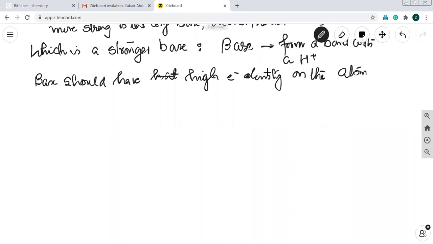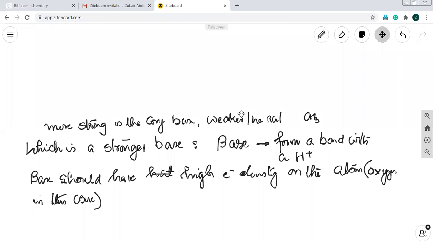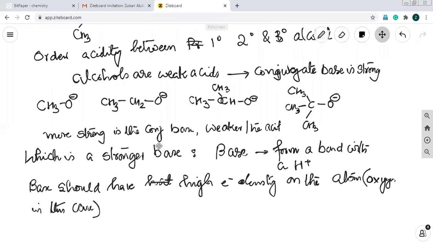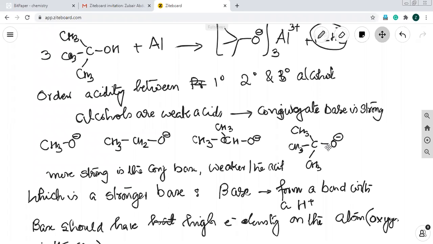Which atom is here? On the oxygen. Okay, see here. I'll show you the board again. You should have more electron density on this oxygen. Now compare which will have the highest electron density.